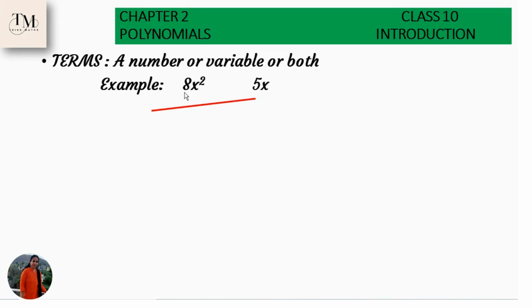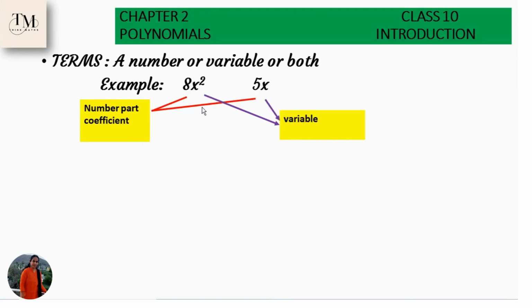Let me take one example for terms, that is 8x square plus 5x. Here 5 and 8 are called the number part, the coefficient. So the coefficient of x square is 8 and the coefficient of x is 5. In the same way, x square and x are called variables.